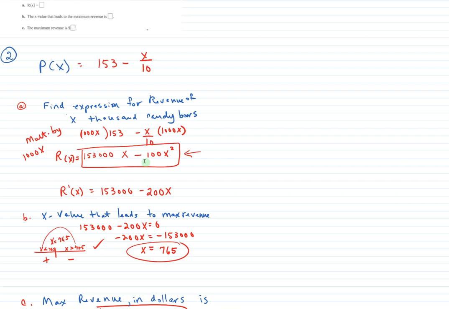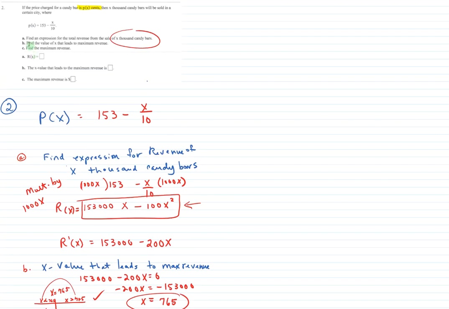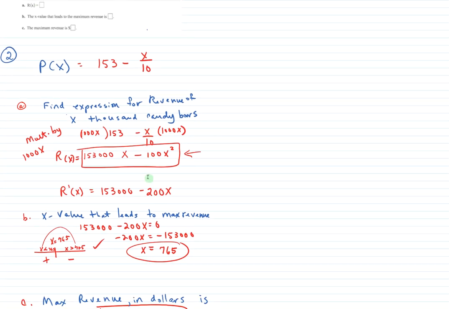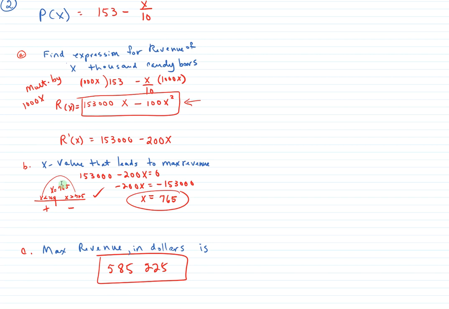Part A says find an expression for the total revenue. All right, we've done that. We can go ahead and do R prime of x equal to this. Now, the x value that leads to the max revenue: if we take the derivative and set it equal to 0, we get 765.